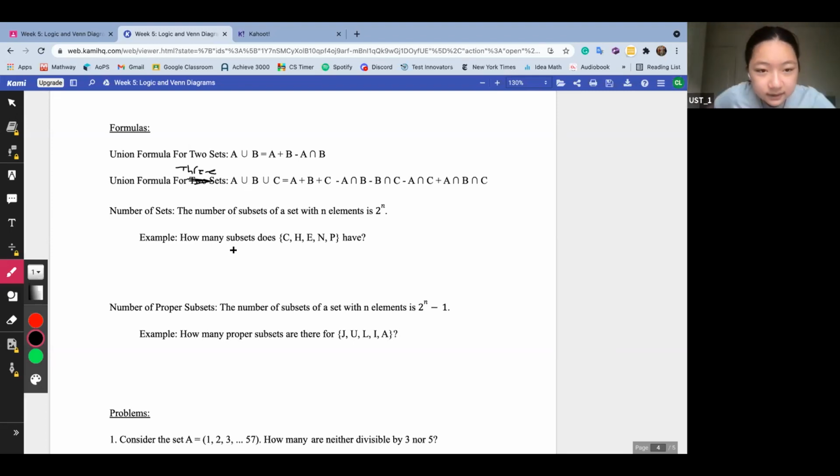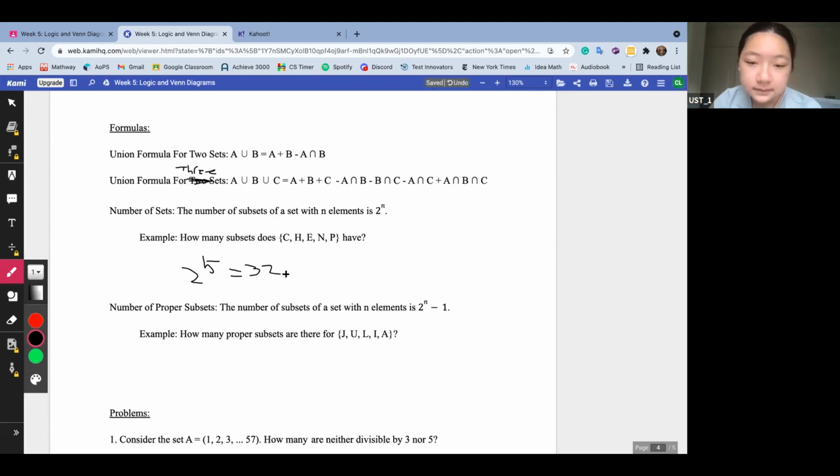So the next one is going to be the number of subsets. The number of subsets of a set with n elements is 2 to the power of n. So this is going to be an example. How many subsets does C, H, E, and P have? So there's 5 elements, which means it'd be 2 to the power of 5, which equals 32.